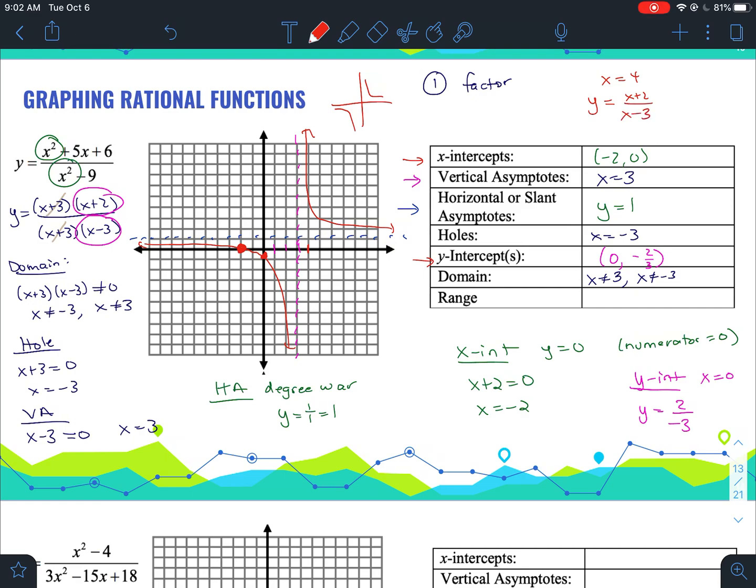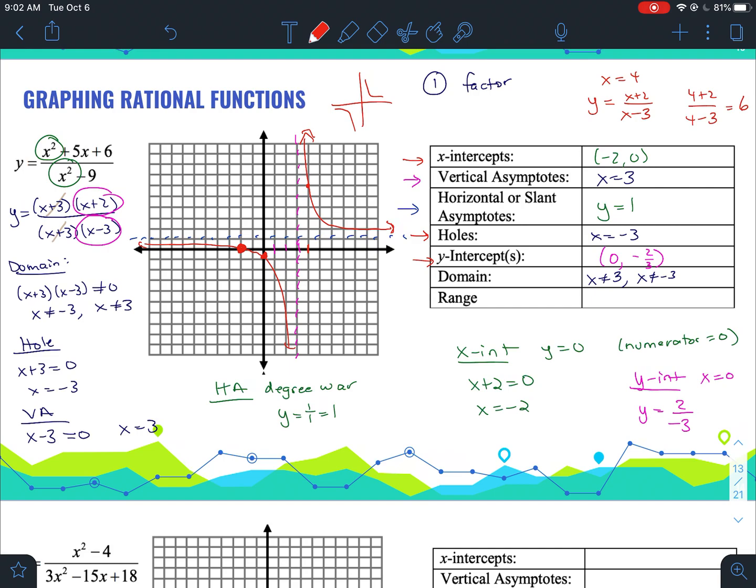So in my reduced form, I would have y equals x plus 2 over x minus 3. If I plug in 4, I get 4 plus 2 over 4 minus 3, which is 6 over 1, so 6. So at 4, I should be at a height of 6. So this guy should be a little bit higher than what I drew it. So 1, 2, 3, 4, 5, 6. So this guy should look like that.